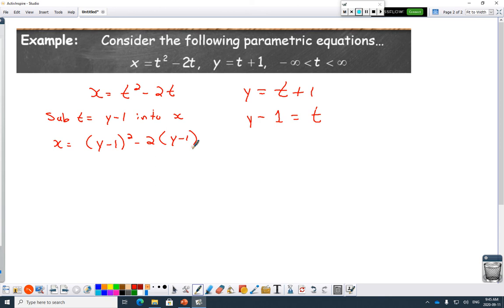Technically, you're done. Making a Cartesian equation means getting it to x's and y's.